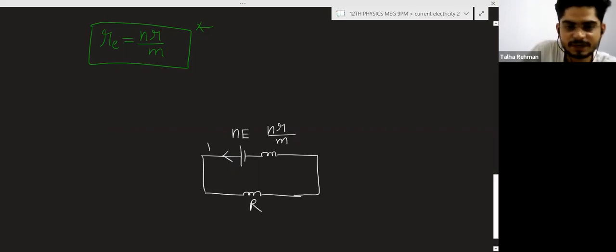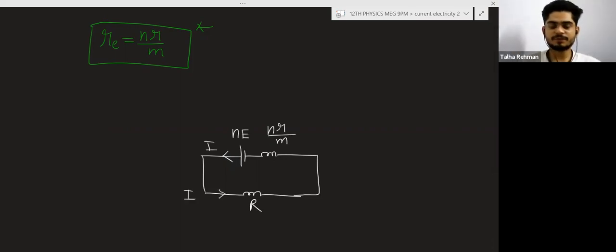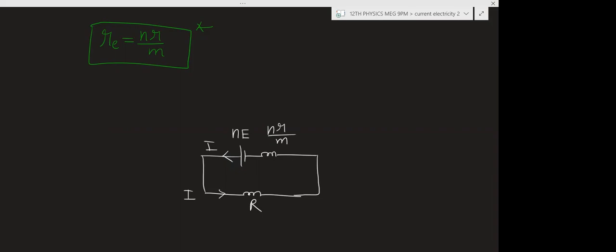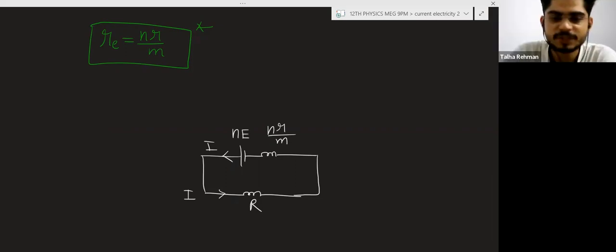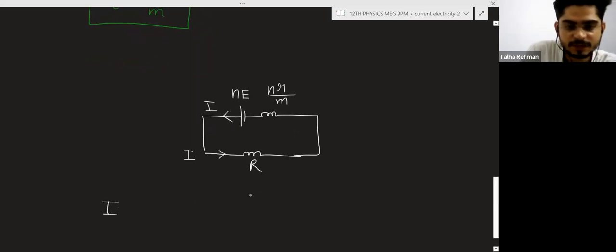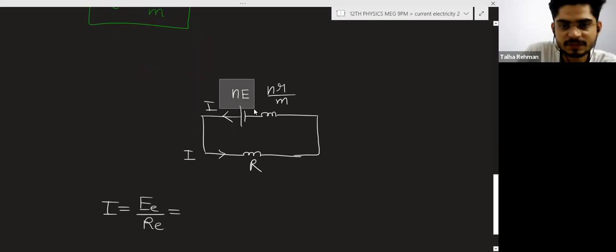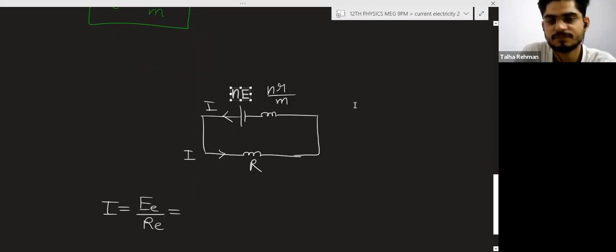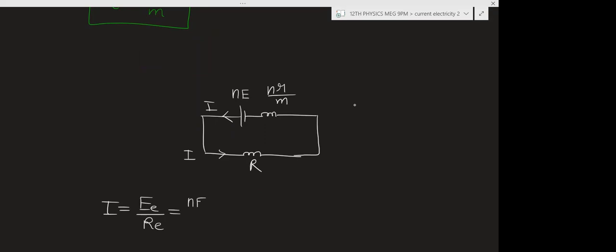So can we find the current? Hamza, can we find the current from here? What is the value of current? When you find the total current, you write equivalent EMF divided by the equivalent resistance. Equivalent EMF is this, so you write NE.